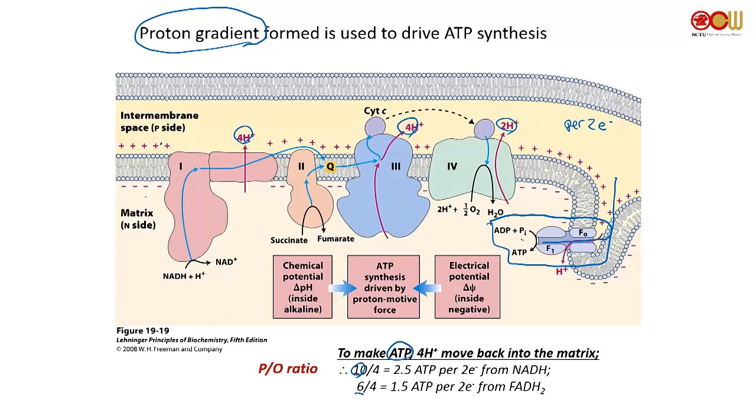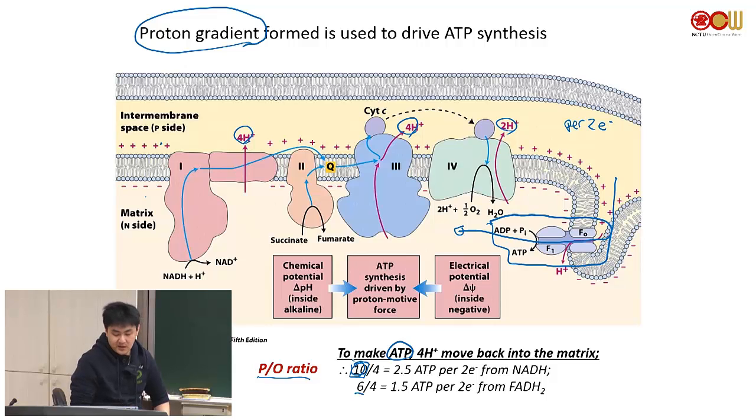So for every 4 protons that go from the intermembrane space back to the matrix, you will generate 1 ATP. Therefore, we can define this called the P/O ratio. Essentially, you take how many protons you can generate per using 1 molecular oxygen.